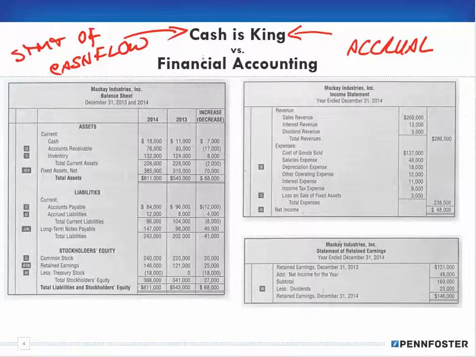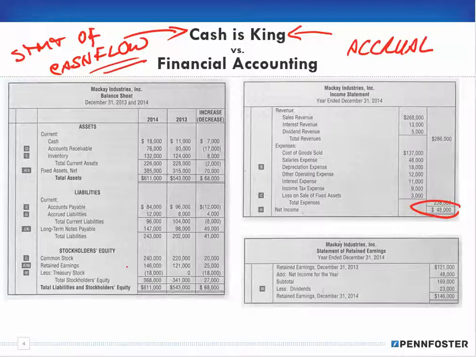So there's a relationship between these financial statements as they sit and the statement of cash flows, because some of the information that we put on the statement of cash flows comes from these statements. For example, net income. Well, if my net income here is 48,000, and that's on my statement of cash flows, I know that came from my income statement, right? It's sort of like your retained earnings.